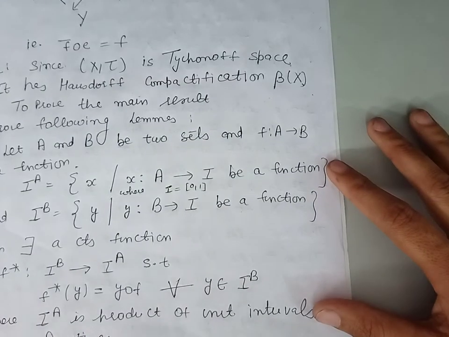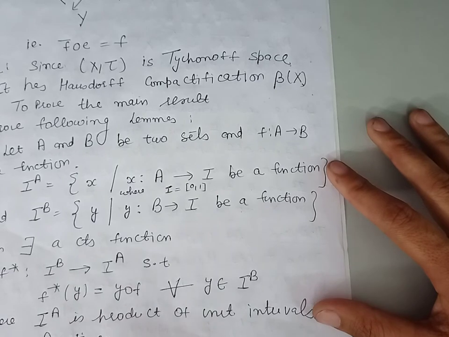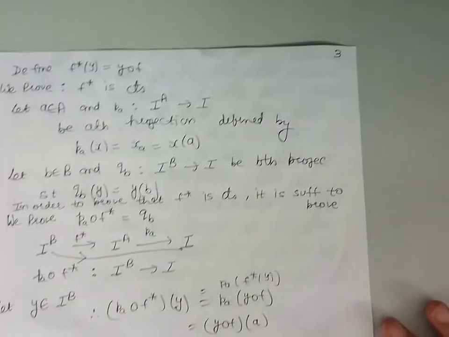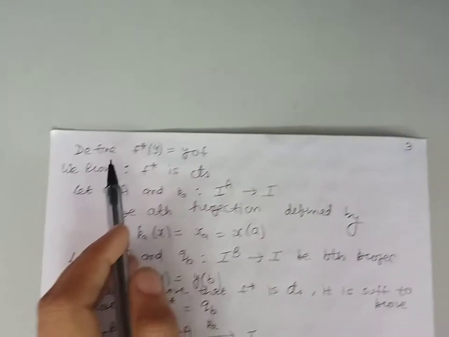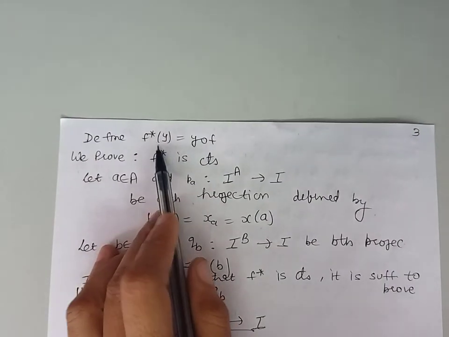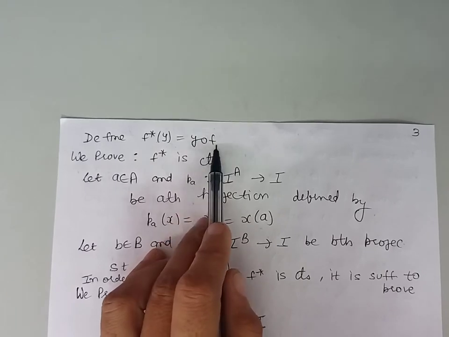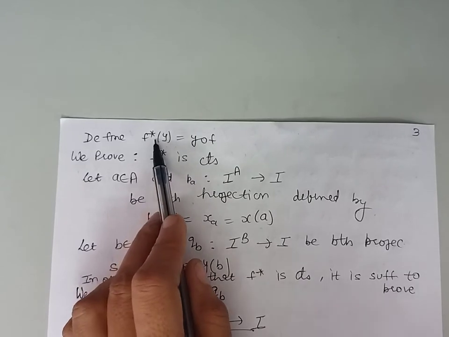So we can say that the function y∘f belongs to the set I^A. Now let us define f star of y by taking the composition of y and f. Now we claim that this mapping is continuous.